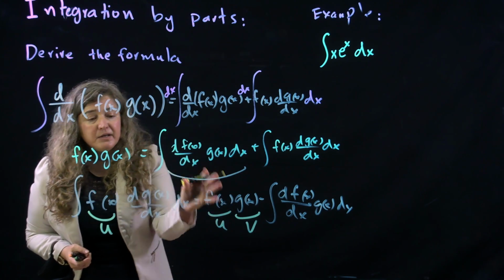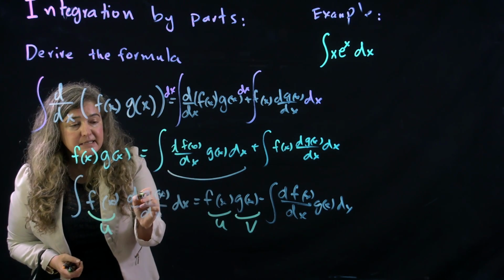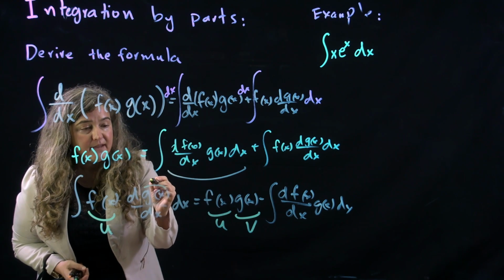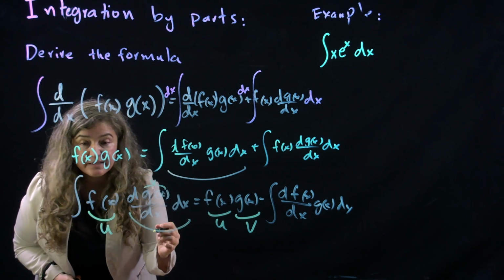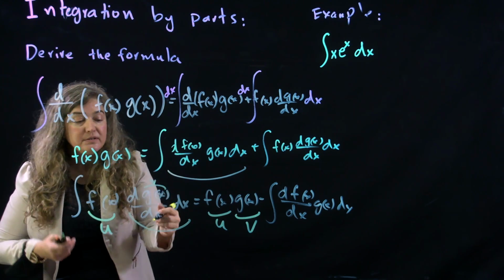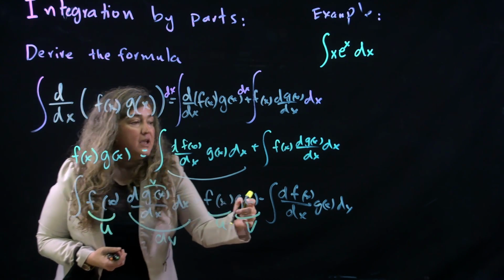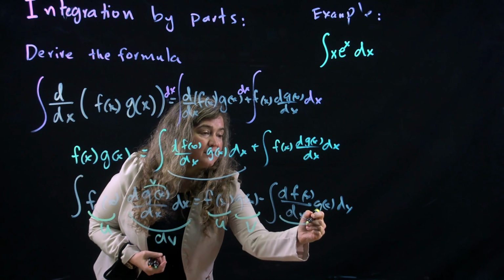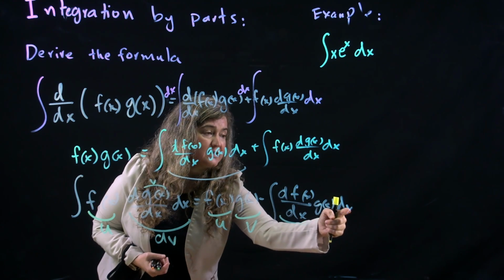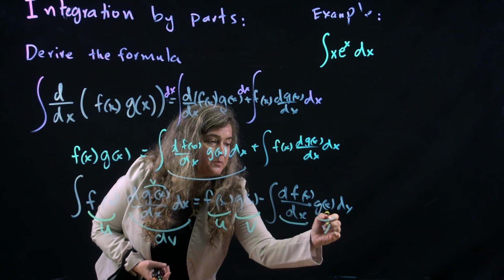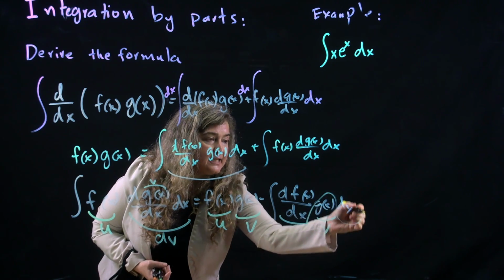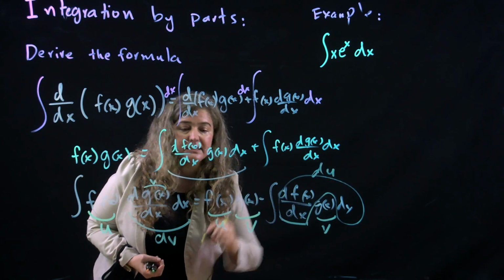So what happens here? This is d of v with respect to x, dx. The entire thing by the differentials is going to be dv. And over here you will have the derivative of f times dx, and g of x was supposed to be v, and this entire thing is supposed to be du.